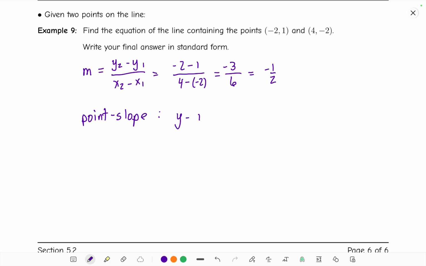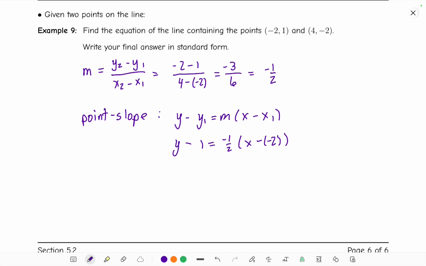So that's y minus y1 equals m times x minus x1. So y1 again is the y value of a point, so let's use 1. M is the slope, negative 1/2, and x1 is the x value of a point.